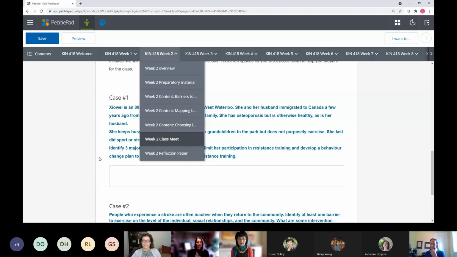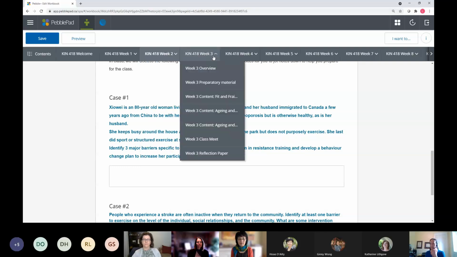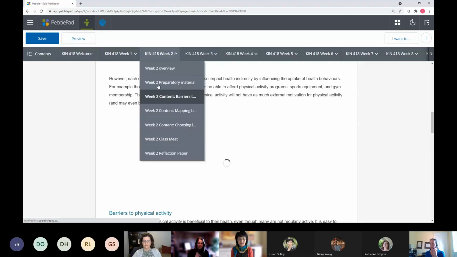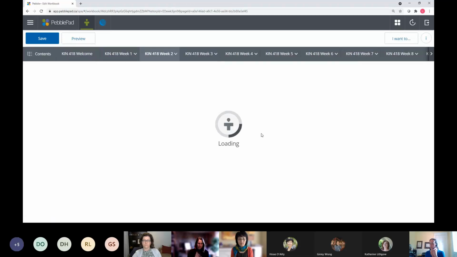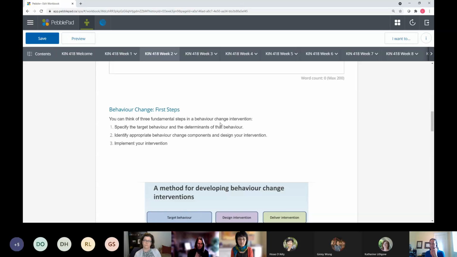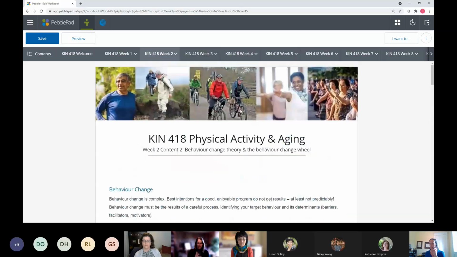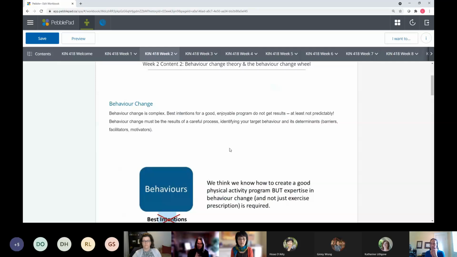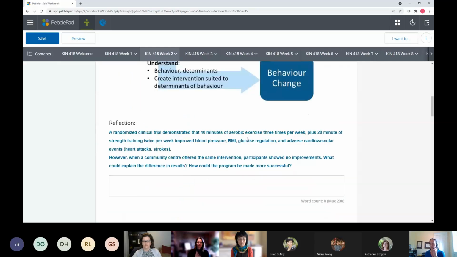I'll just give you a couple examples of pages to show how I use them. Each week was obviously a little bit different, but I'd always have the same heading just to identify it. Then I'd have an integration of text, of images, as well as videos in some weeks.